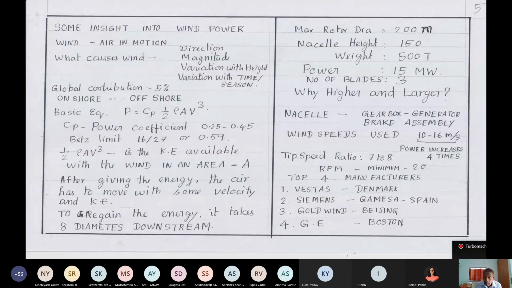See, in turbo machinery, tip speed is a very, very important consideration. So many things happen when the tip speed goes beyond a particular value, and even centrifugal forces, everything will come. So this 20 as such, they are using now. Now for this maximum rotor diameter of 200 meters, you try to calculate and find out. There are wind turbines with 60 RPM also, or even more. They will be smaller and smaller.